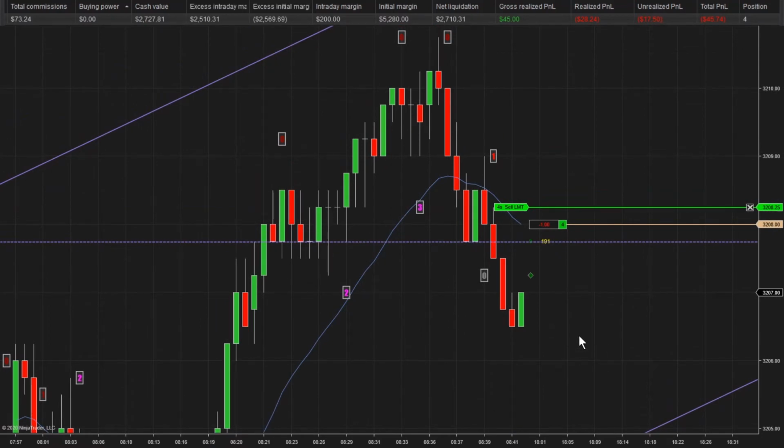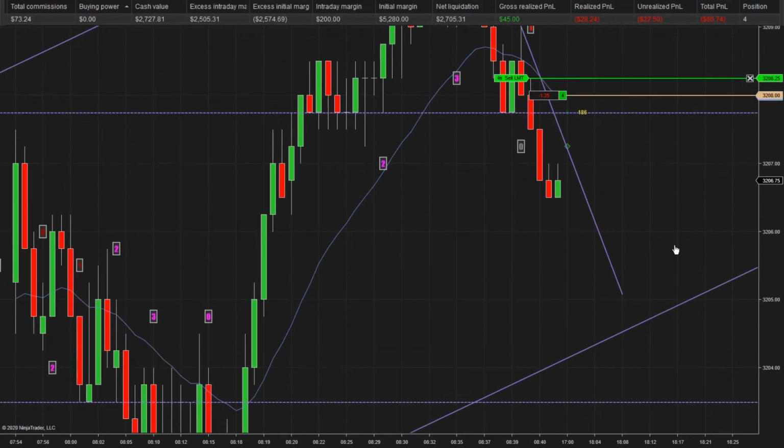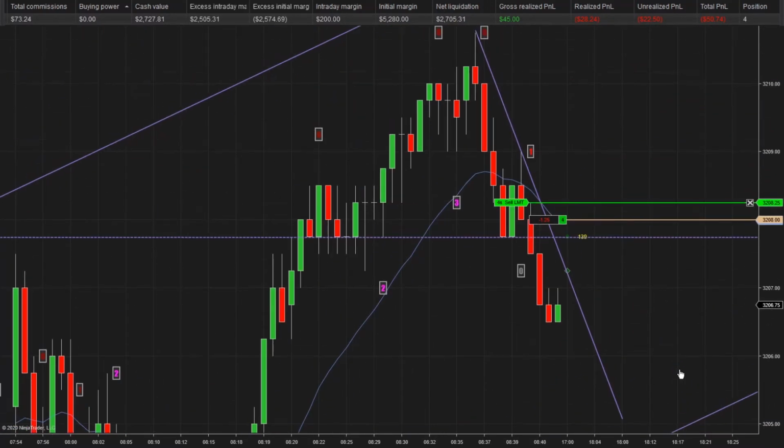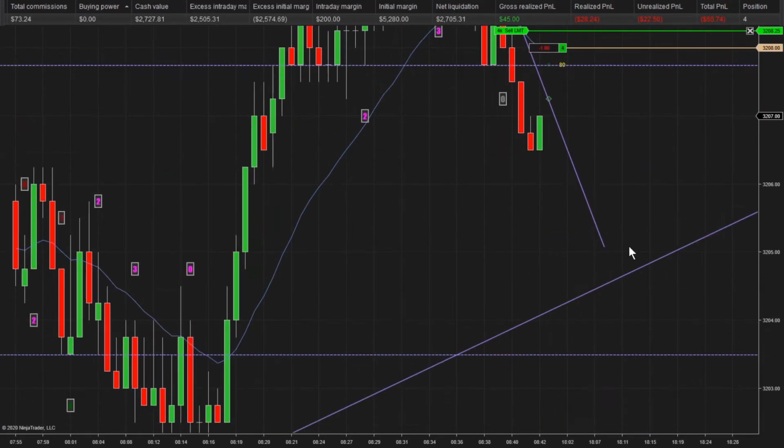This is typically I wouldn't go long like this. See this very tight, very steep bull breakdown. You never want to go long until it at least bucks this trend line.